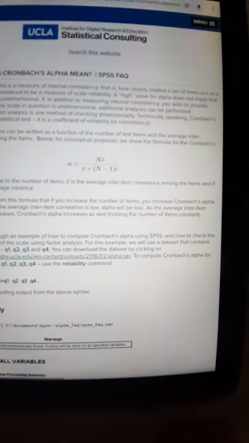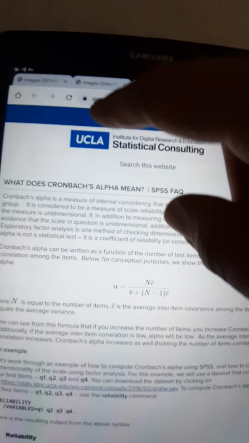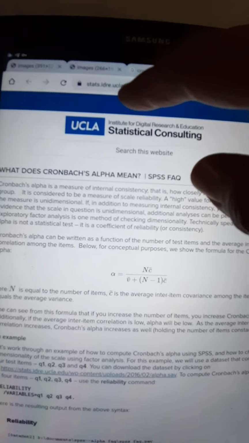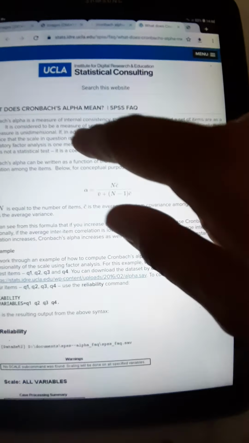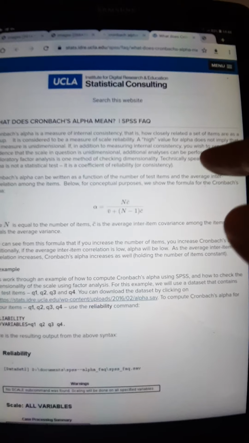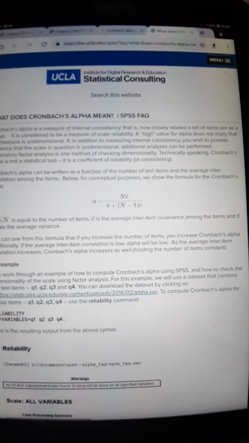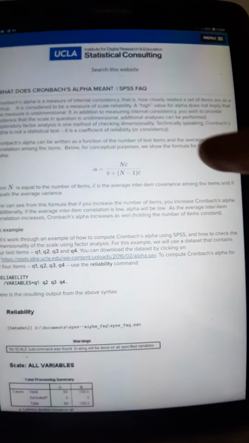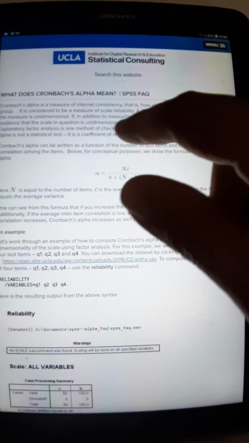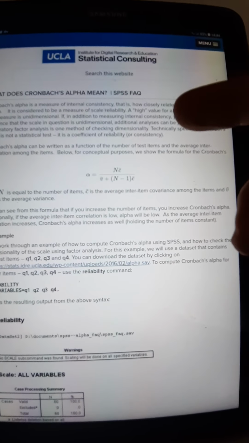On the UCLA IDRE statistics website, it's explained that Cronbach's alpha is a measure of internal consistency, that is, how closely related a set of items are as a group. It is considered to be a measure of scale reliability.